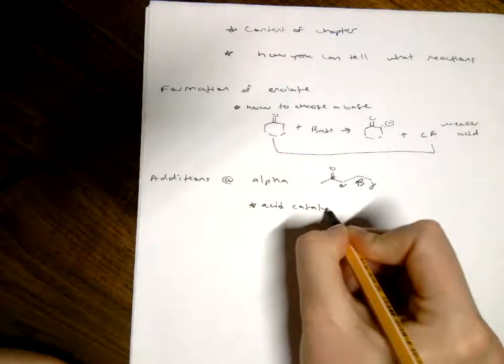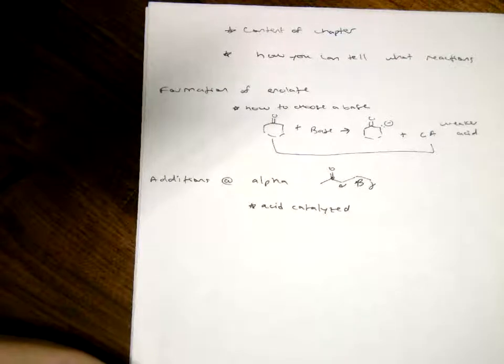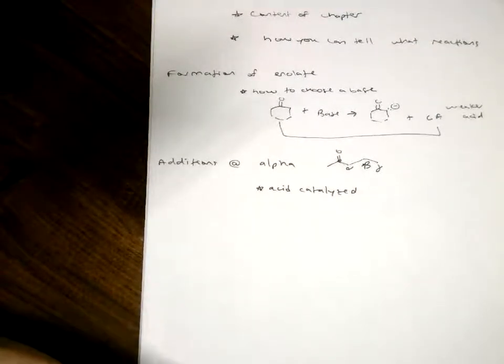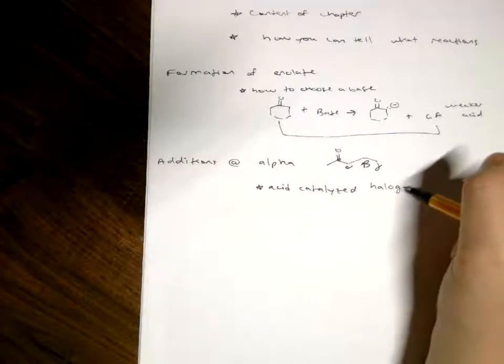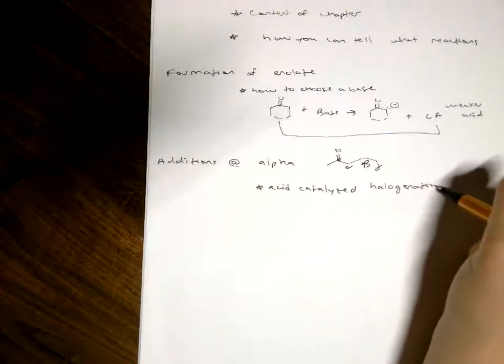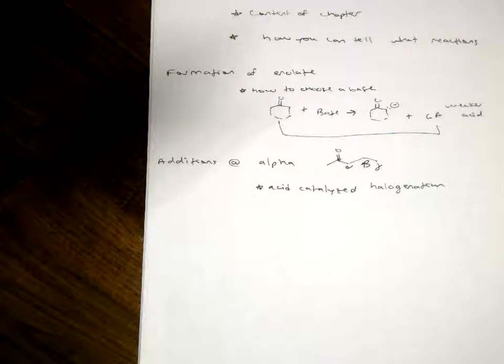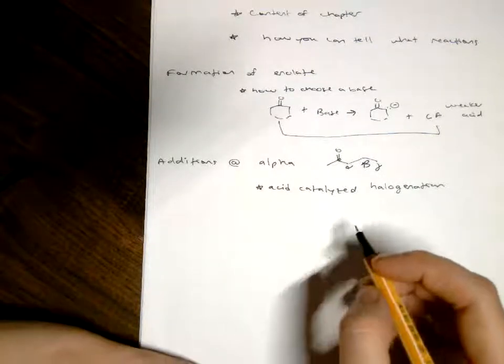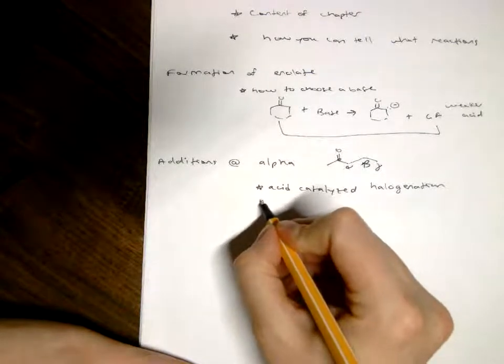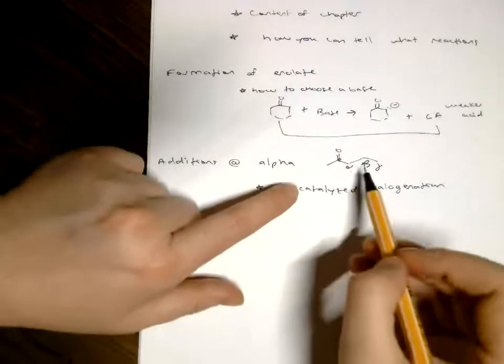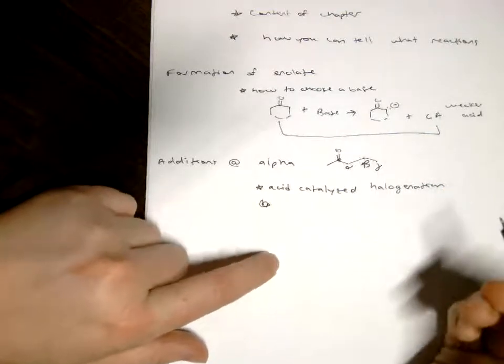And a lot of times, as I went over in my other video, that's used to, after the acid catalyzed halogenation, there's usually a base added to undergo an elimination reaction. So that'll set up to make the alpha beta unsaturated.